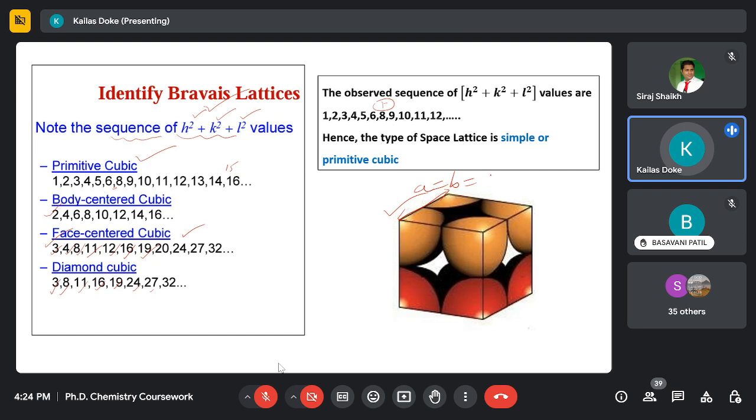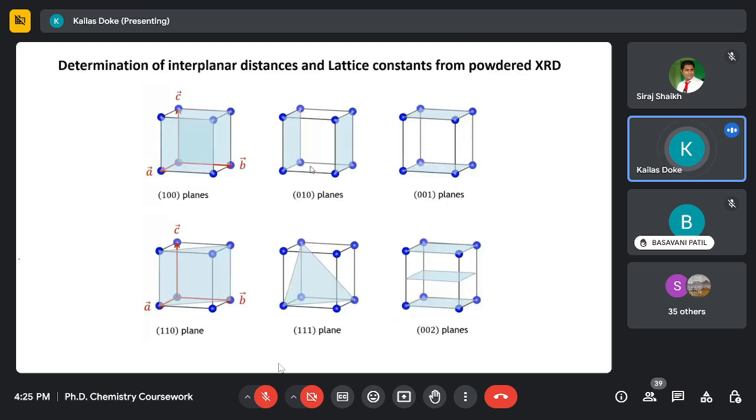Okay, how? You are familiar with such types of planes. We can determine the interplanar distance and lattice constant. So what is the interplanar distance? That I am going to explain with the help of this slide. You are familiar with the 100 plane. This is one plane and this is another plane, the plane behind and the plane towards us.